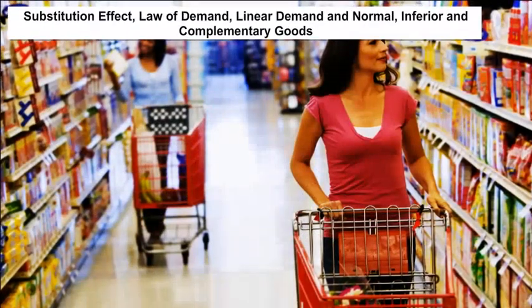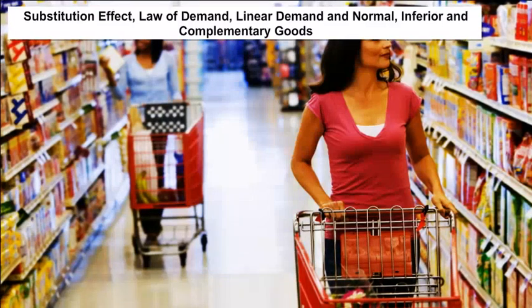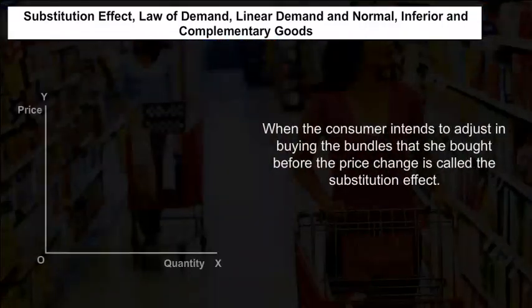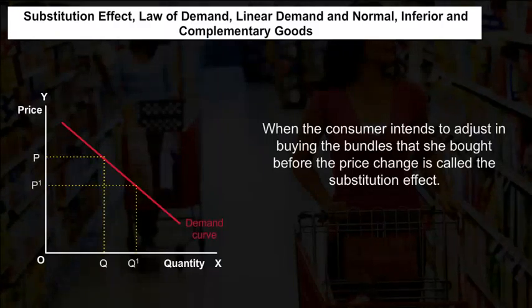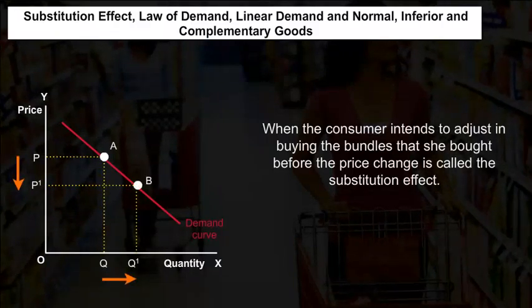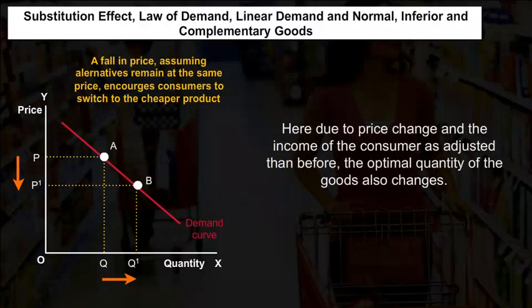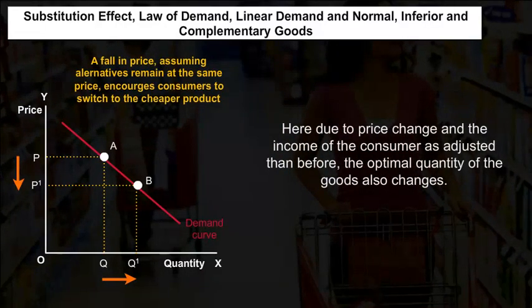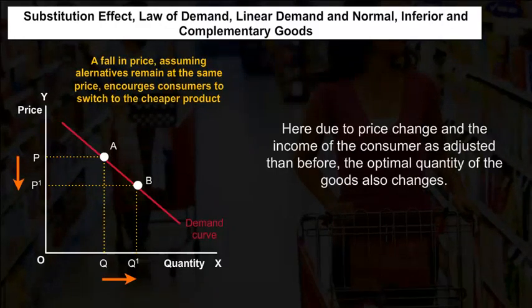Substitution effect, law of demand, linear demand, and normal, inferior and complementary goods. When the consumer intends to adjust the bundles that she bought before the price change, it is called the substitution effect. Here, due to the price change and the adjusted income of the consumer, the optimal quantity of the goods also changes.